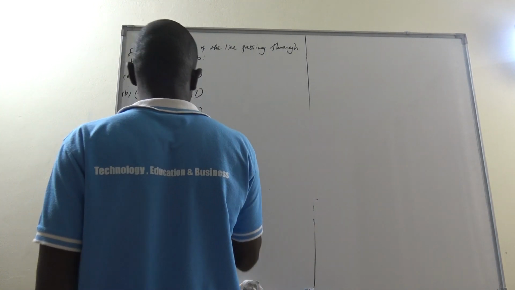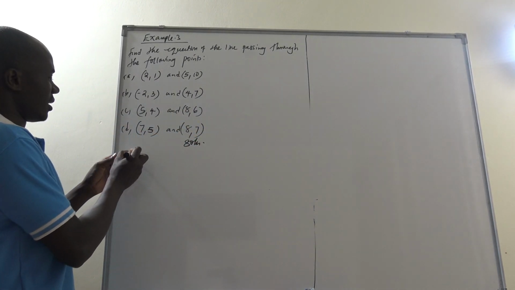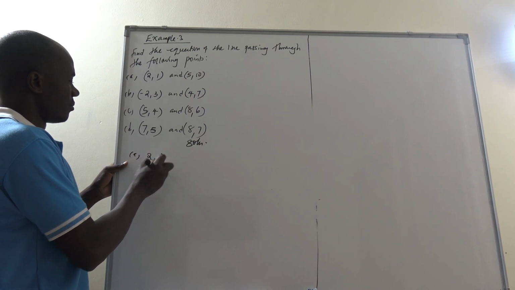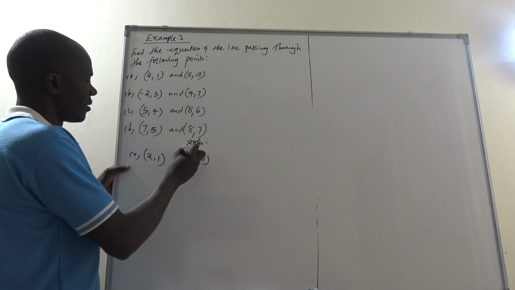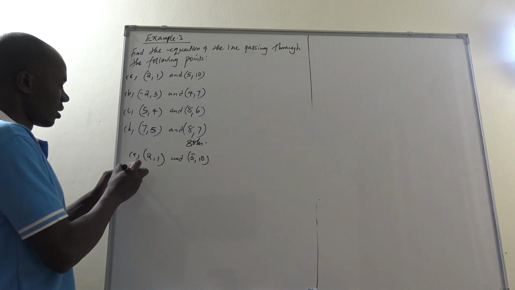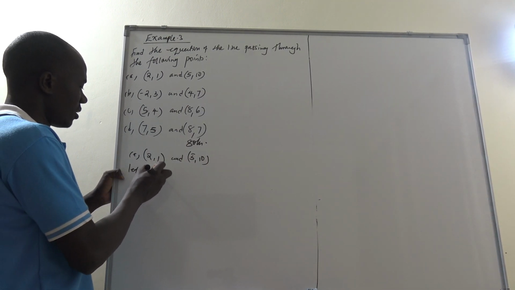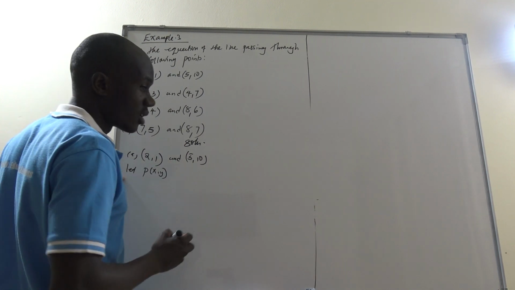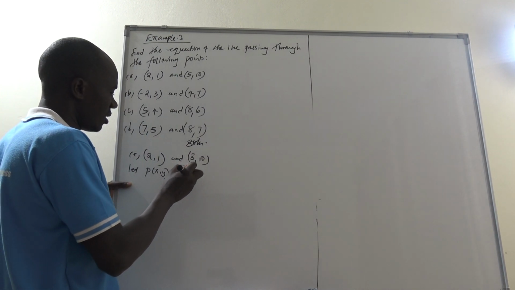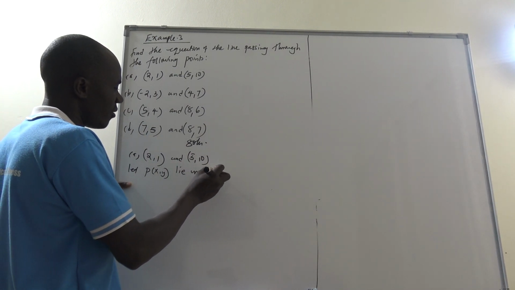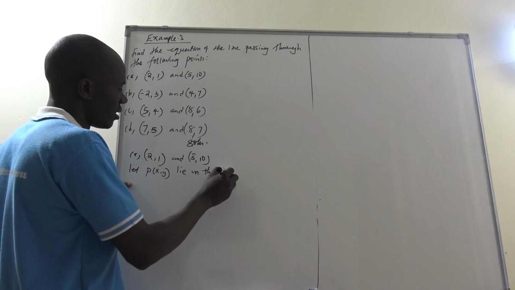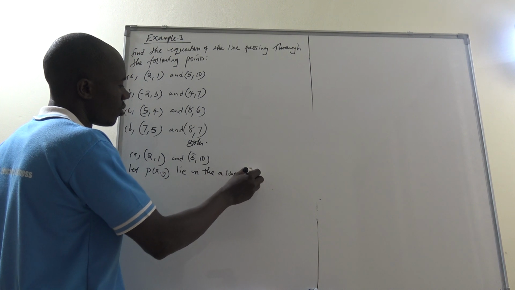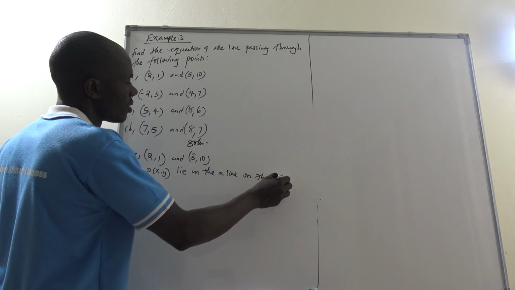Solution, starting with part A, (2, 1) and (5, 10). I can also say let point P(x, y) lie on the above points.